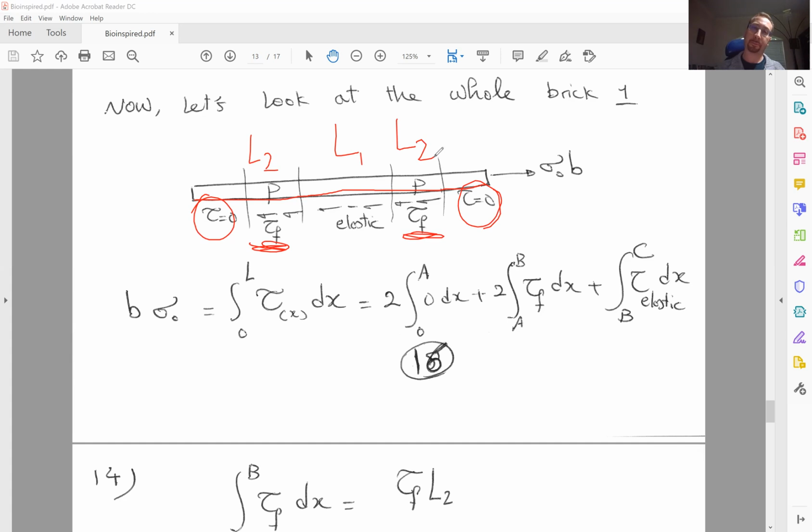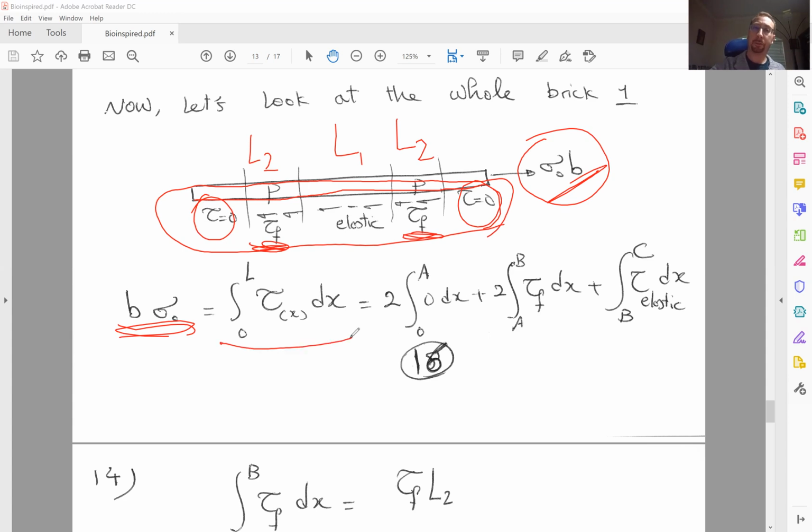For instance, the total force applied to the right is sigma 0 times b. This has to be balanced by the sum of the forces applied by the mortar to the brick. The force applied by the shear is this integral.